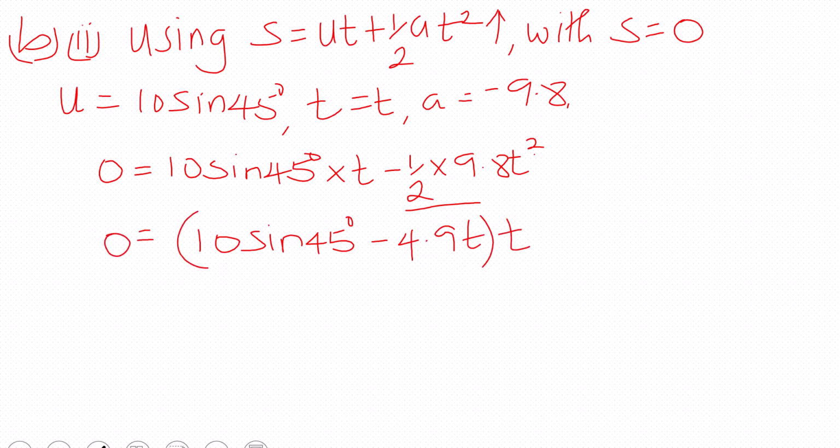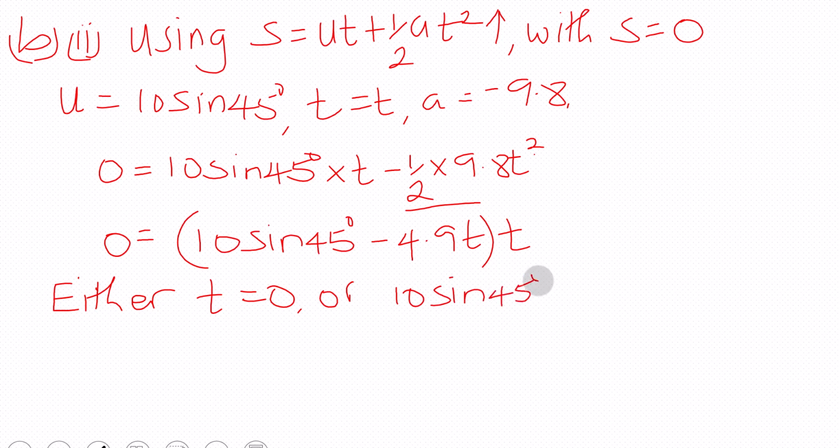So if you have a product equaling 0, that means one of them is 0. So we shall have either t equaling 0 or 10 sine of 45 degrees minus 4.9 t equaling 0.